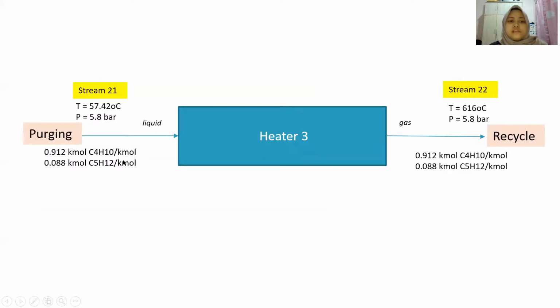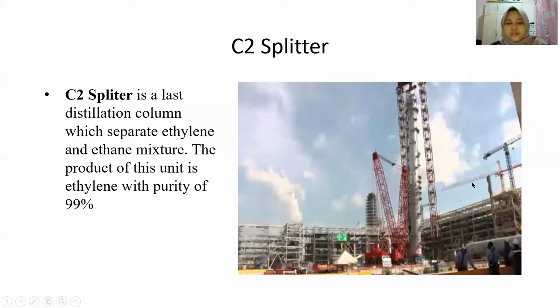In heater 3, the inlet stream comes from the purging, which contains butane and pentane, and the outlet stream will be recycled back into the furnace, which contains a high mole fraction of butane, since butane is the main component to produce ethylene.